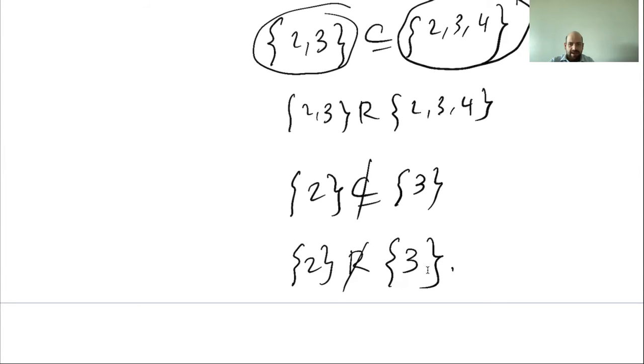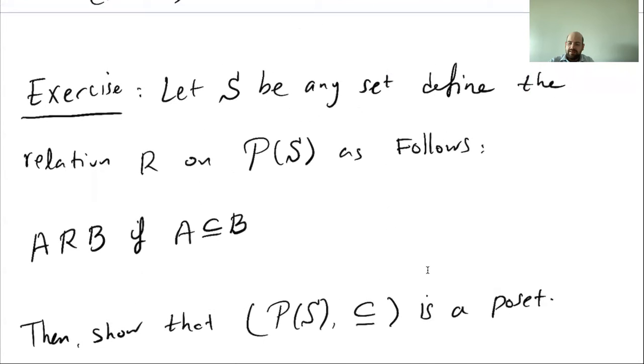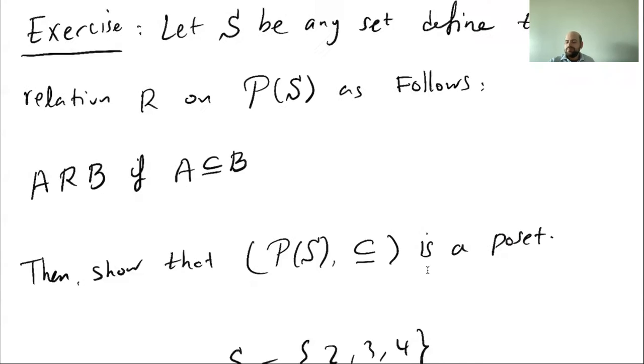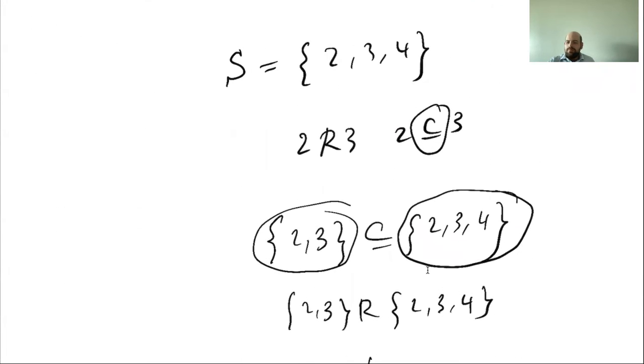Well, if S has n elements, we know that S has 2 to the power n subsets. So this P of S here is a set with 2 to the power n elements, and each element in this set is a subset of S.